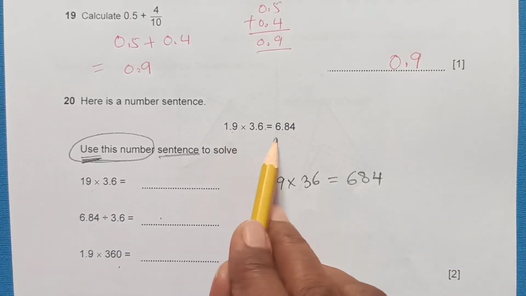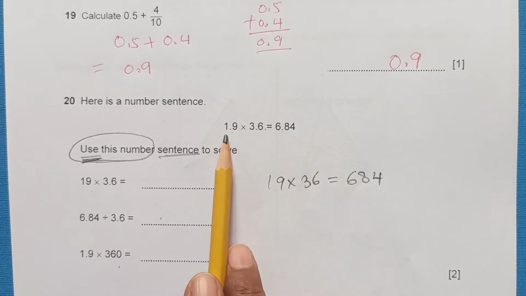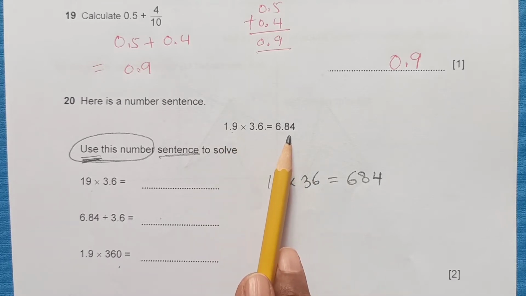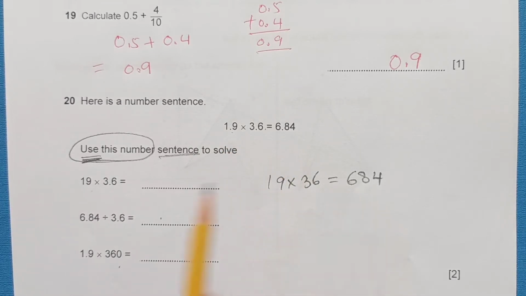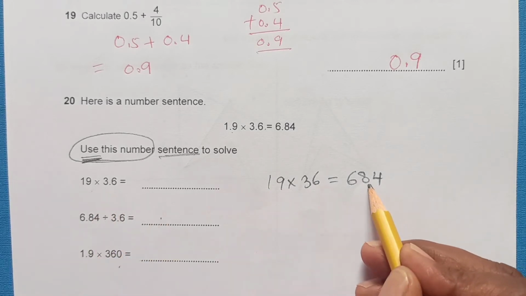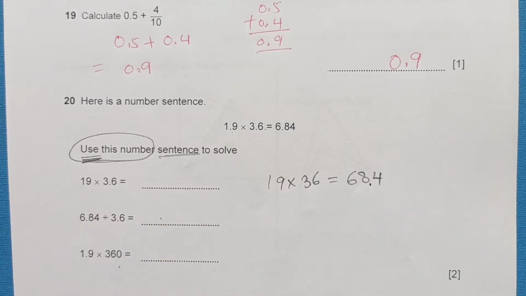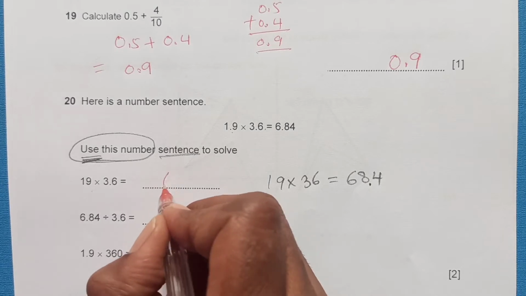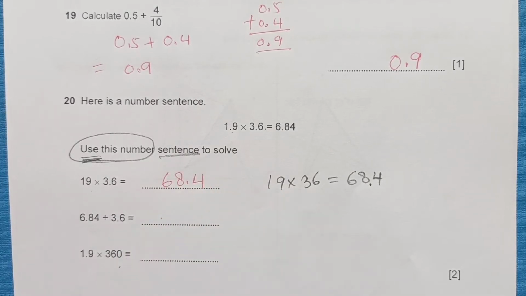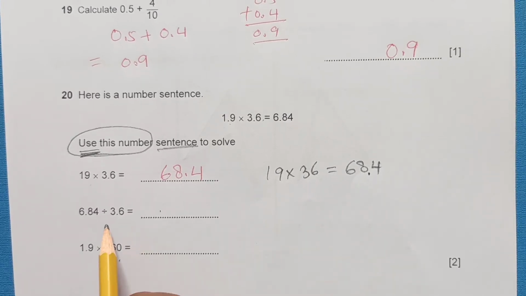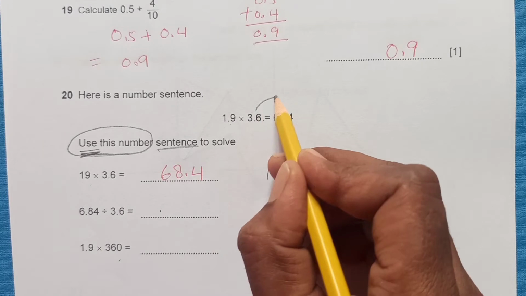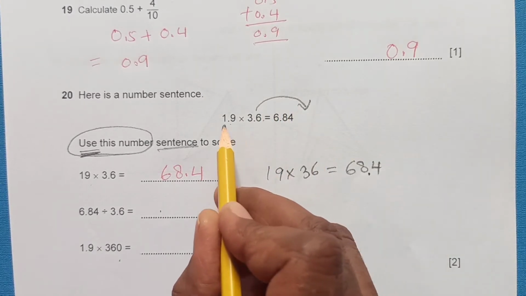If you forget about the decimals, the digits are the same, so we will have the same answer. Now there is one decimal place, so we will have one decimal place here. So the final answer will be 68.4, right? Now first one is done. Second, 66.84 divided by 3.6. If you move this here, what are you left with?